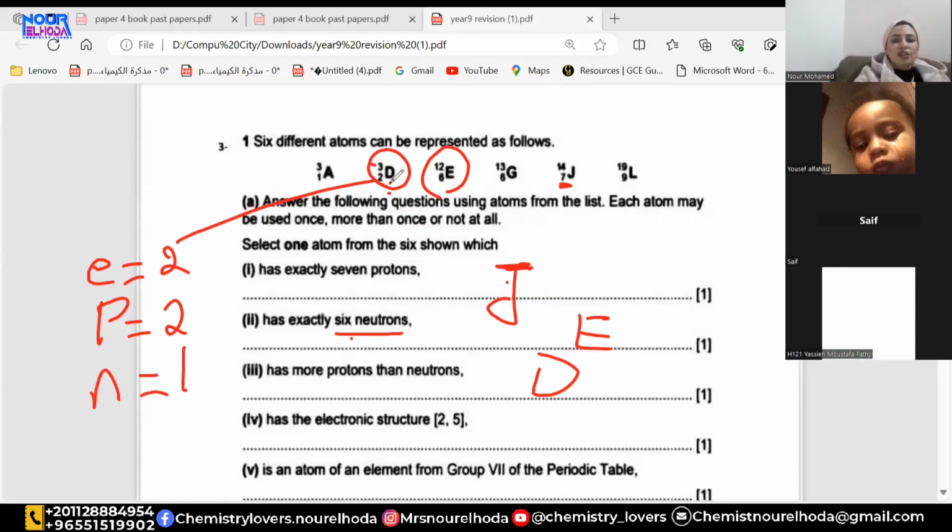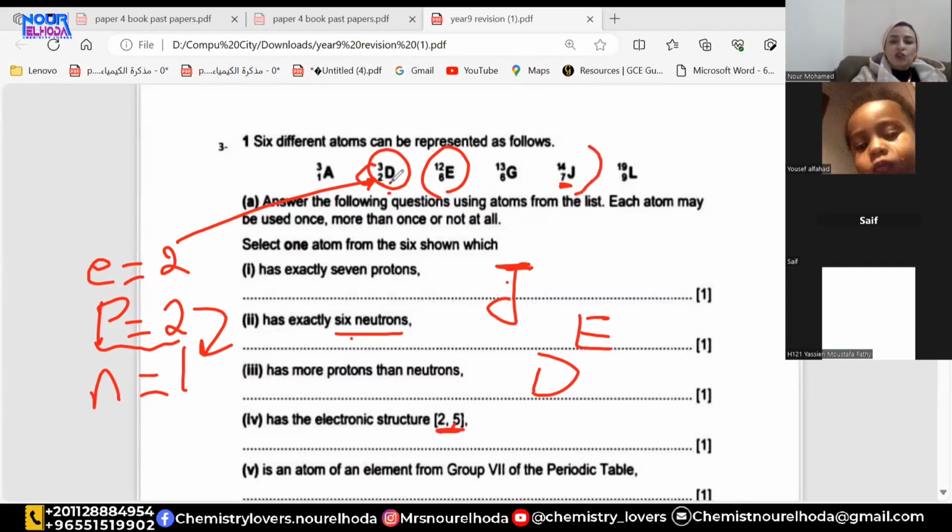With the number of neutrons, you subtract 3 minus 2, so it's going to be 1. But if you check, you will find that the number of protons in D is indeed more than the neutrons. That's true. Next, electronic configuration, which is the same as electronic structure: 2 and 5, this means a total of 7.